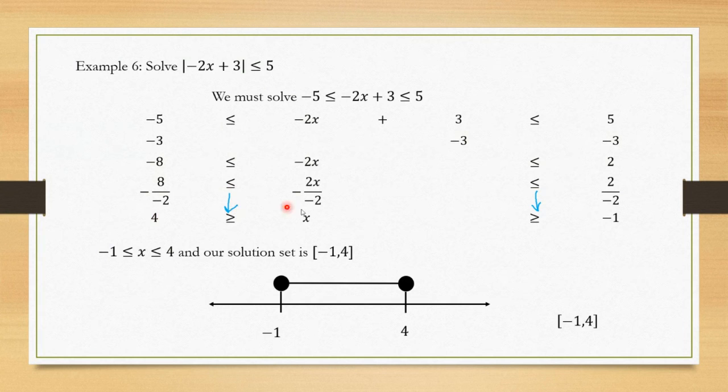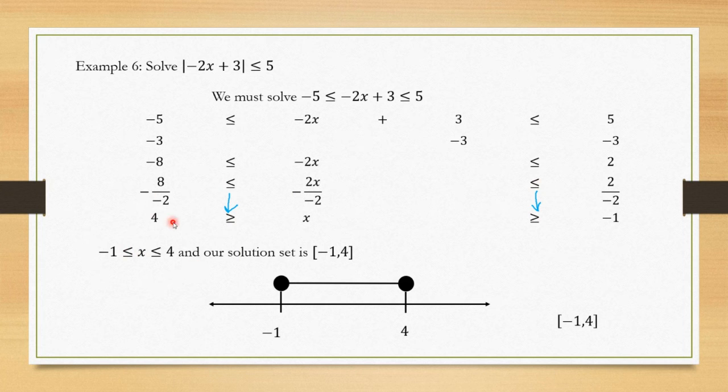But again, what happened to the inequality symbol? We turn it around. You have to turn it around, and that's because you're dividing by a negative. If you're dividing or multiplying by a negative, you have to turn the inequality symbol around. You have to.